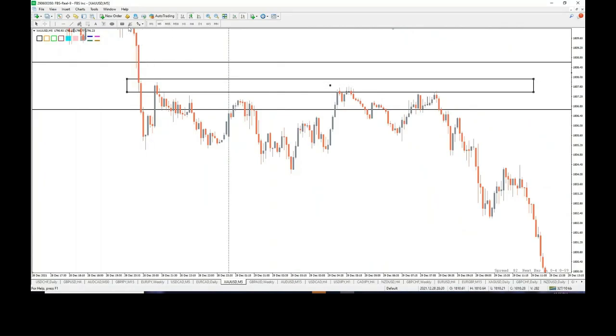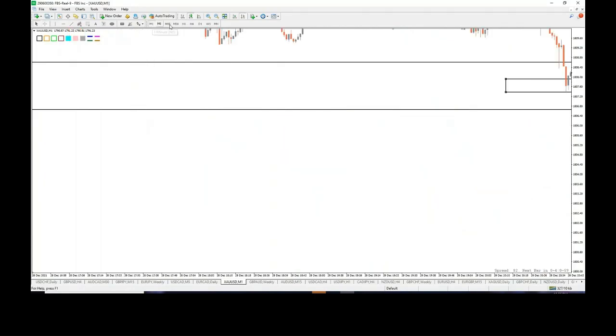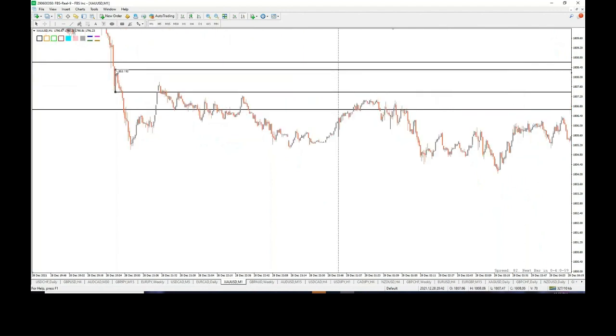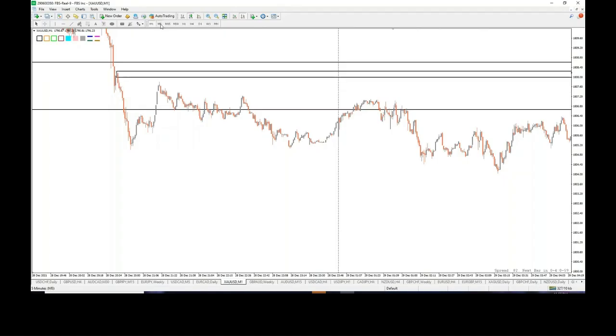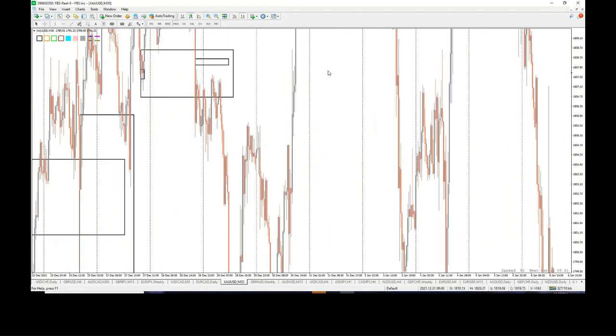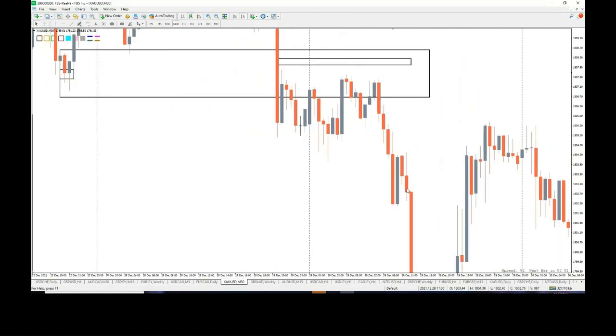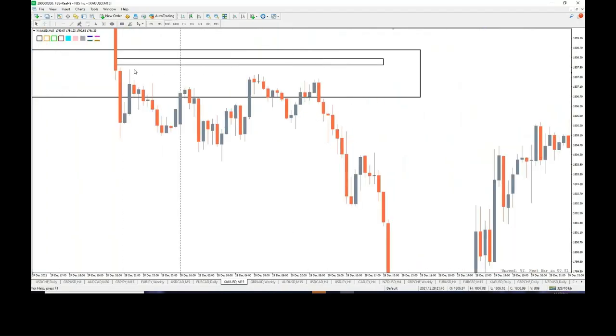No, I like the way you've been teaching it. I don't want to complicate it anymore. The way you've been explaining it is perfect and simplified. So we just wait for M30 or M15 to make an engulfing sell.